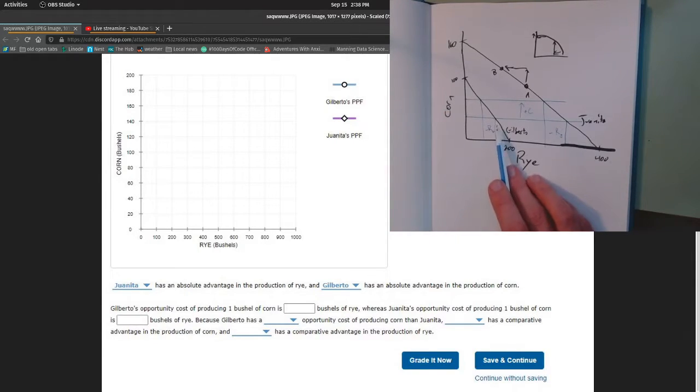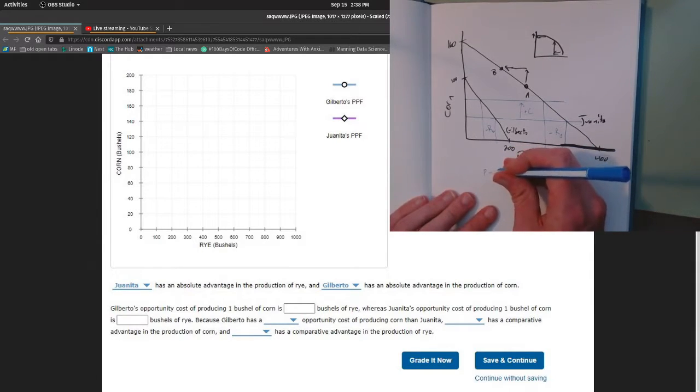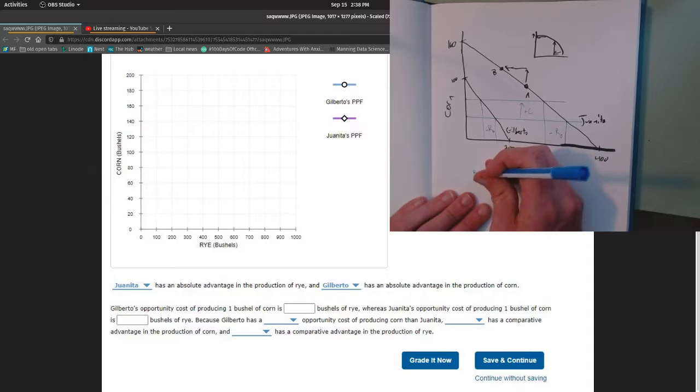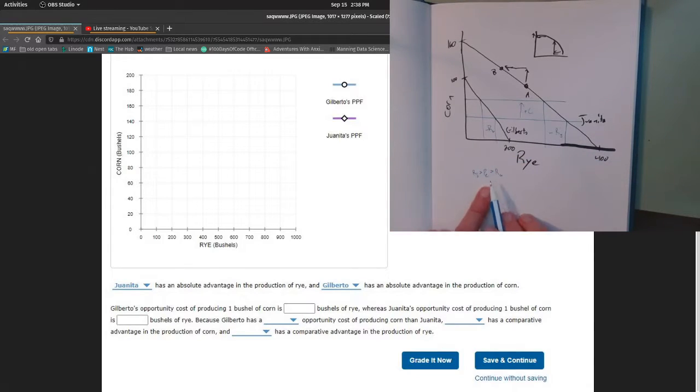If Gilberto sells this corn to Juanita, as long as the price, let's call it PC, is greater than RG but less than RJ, then if she pays him enough to overcome his opportunity cost, he's going to be happy. If she pays lower than her opportunity cost, she's going to be happy also.